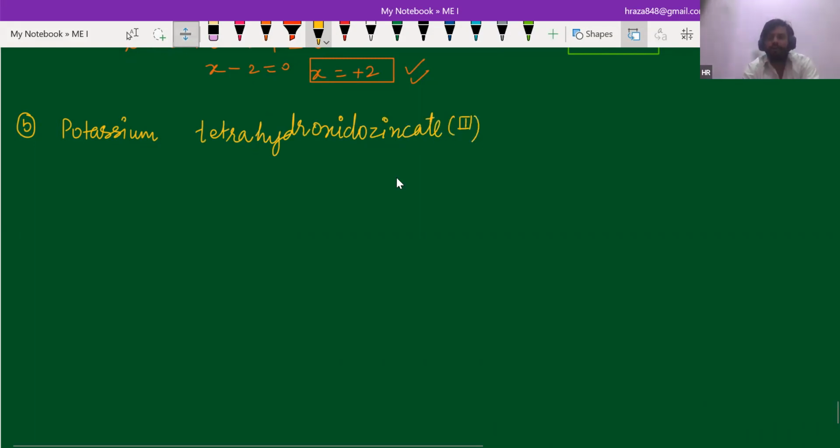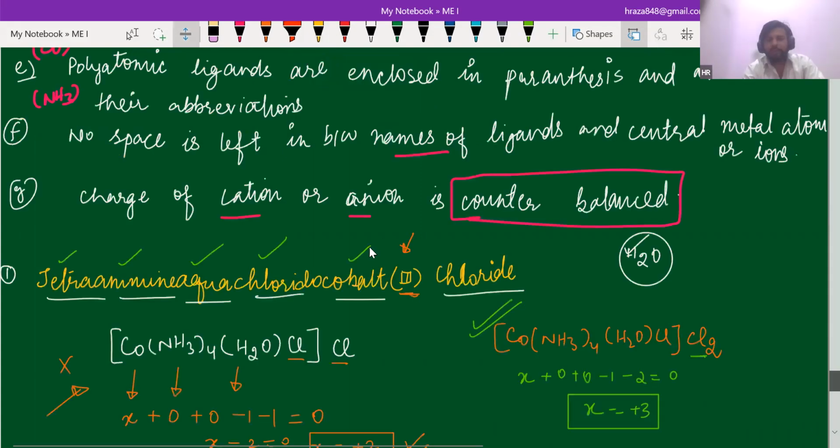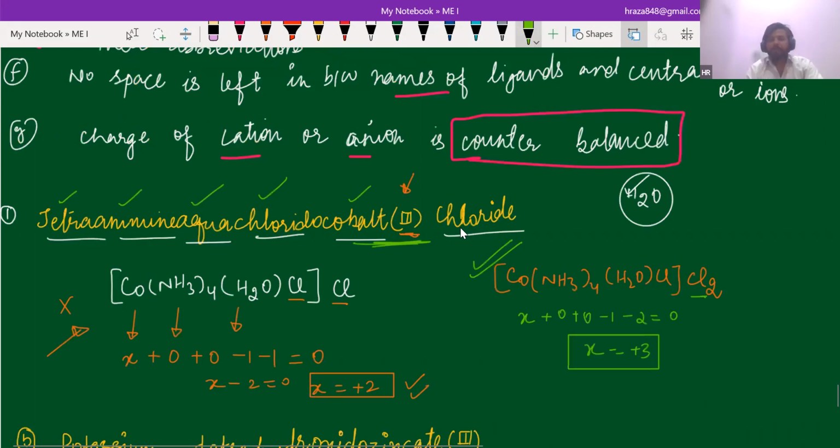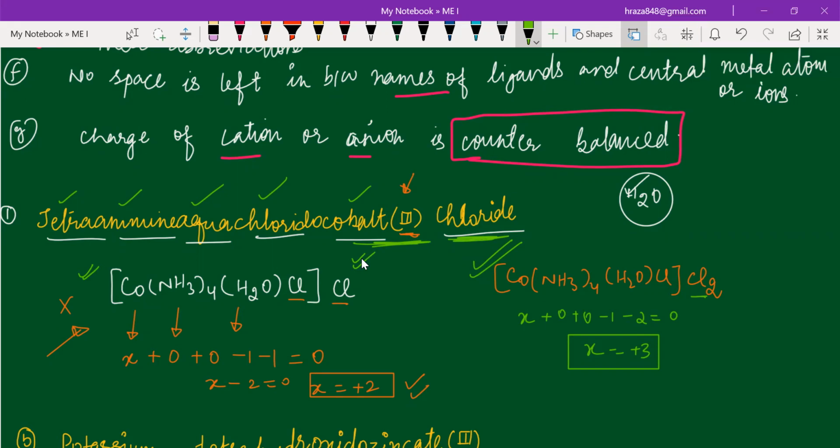So as you can see in the previous one, there is a space between this and this, right? So I told you that the positive counter ion will be on the left hand side of the bracket and the negative counter ion will be on the right hand side of the bracket, right? Anushka? Yes, sir.